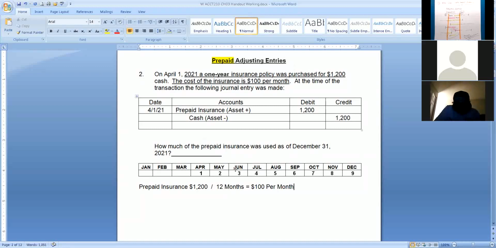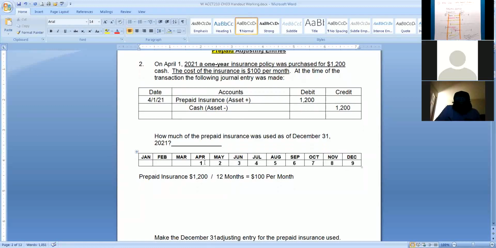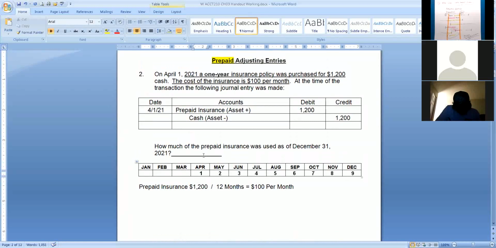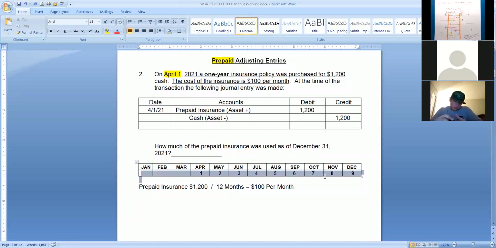Okay. Now the little table down here, for this first one, it's already filled in. Now, notice that they bought this on April 1st. So they're going to use it for all of April. So coming down here, we have April. So they've used up 9 months worth of insurance.